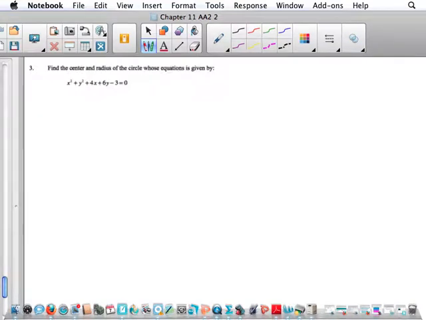Number 3 says find the center and radius of the circle whose equation is given by this formula. So I have x squared plus 4x plus y squared plus 6y equals 3. Complete the square for both the x and y. So I'll add 4 to both sides, and then I will add 9 to both sides, because you take b divided by 2 and square that.